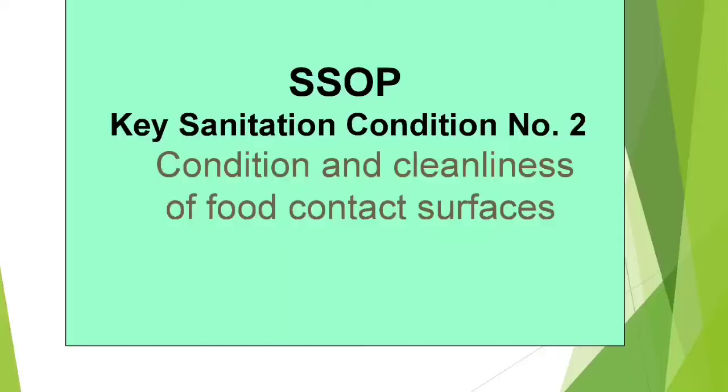Now today's topic is condition and cleanliness of food contact surfaces. In the food industry, selection and designing of food contact surfaces play a prominent role in controlling physical hazards or environmental contamination of pathogenic bacteria into the food.